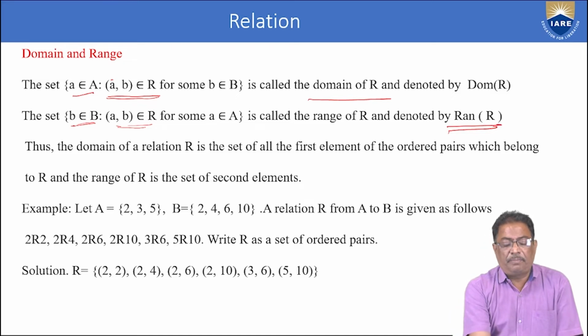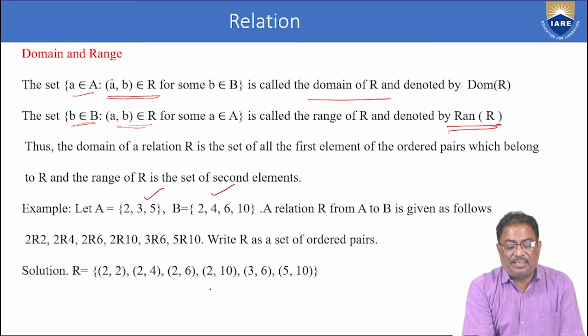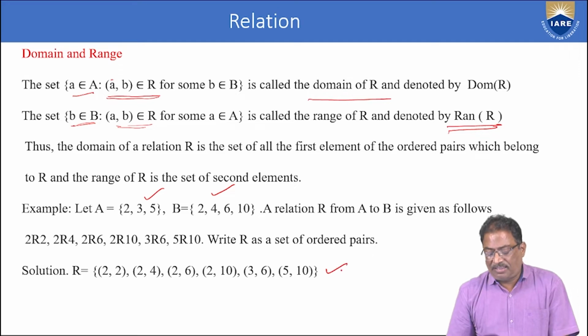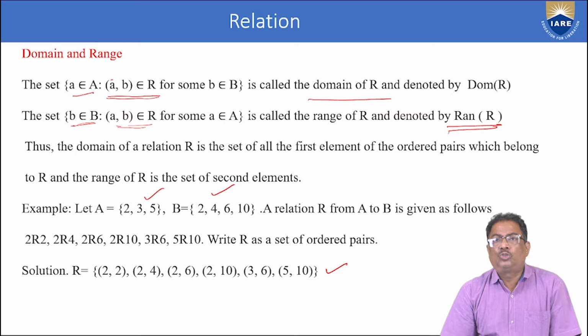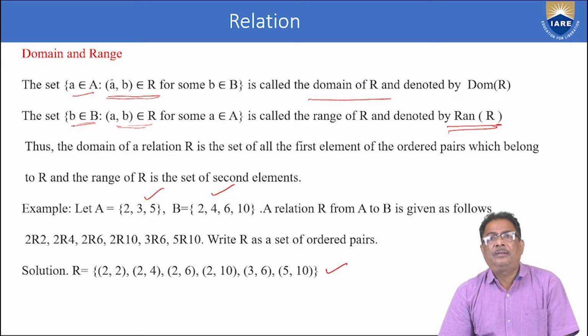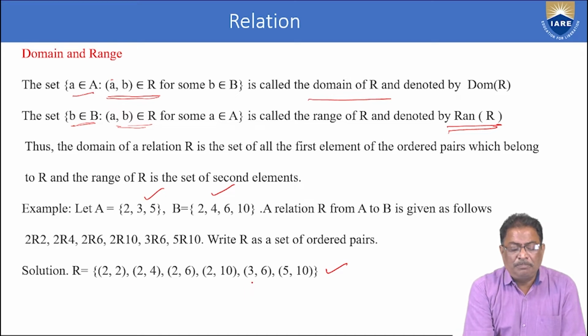Let us consider A and B as any two sets, and the relation is defined like this: (2,2), (2,4), (2,6) and so on. Then what are the domain and the range we have to consider? If this is the relation, what is the domain?